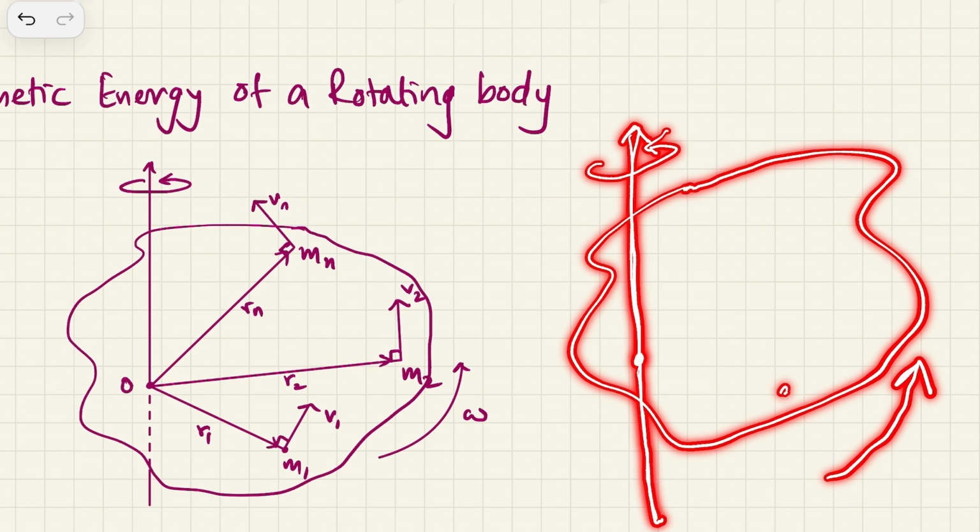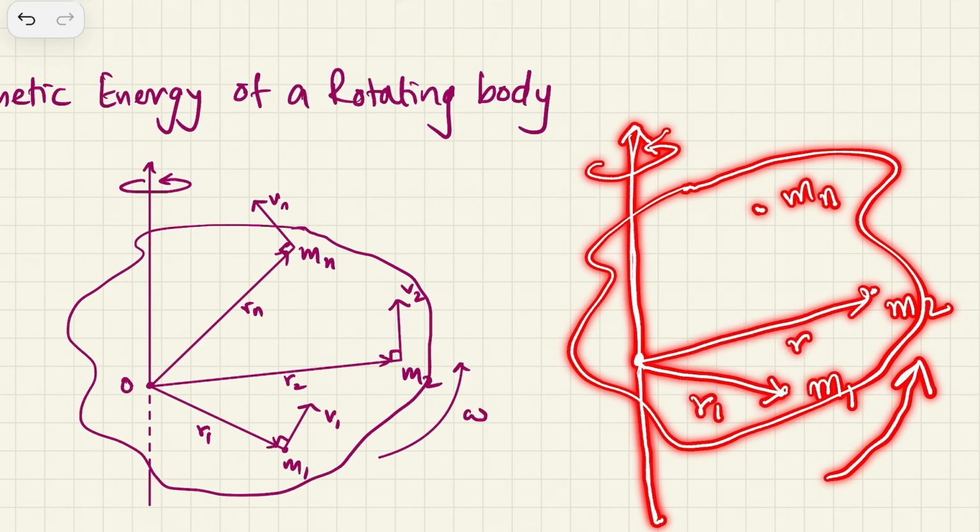It is going to rotate in such a manner, and this line will be called the axis of rotation. Now this body is made up of many small particles. Let's say the particle masses are m1, m2, and the last particle is mn. If I draw from the axis of rotation to that particle, that is radius 1, radius 2, and radius 3 or radius n. When it is moving in this manner, the velocity would always be tangential.